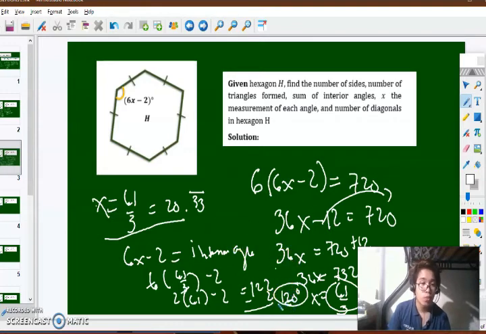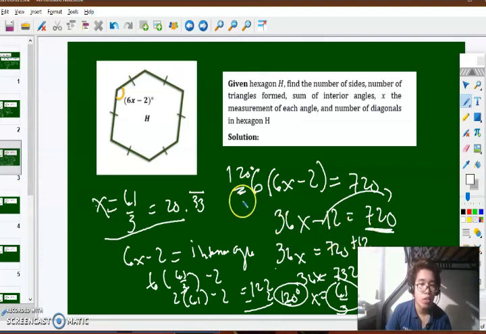We can actually check if this answer is true. We have 120 degrees as the measurement of each angle, and we have 6 sides, and therefore 6 angles. The sum of all the interior angles of a hexagon is 720 degrees.